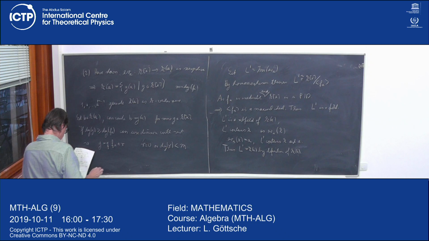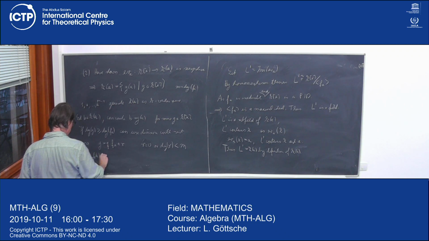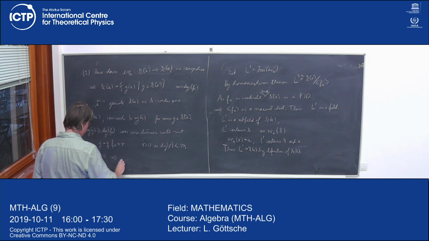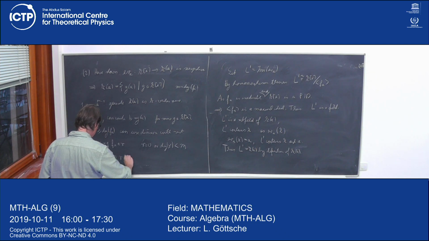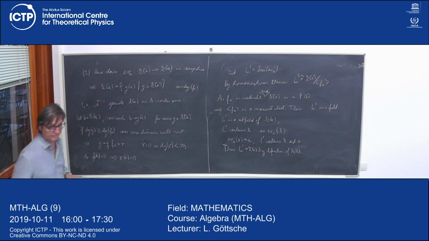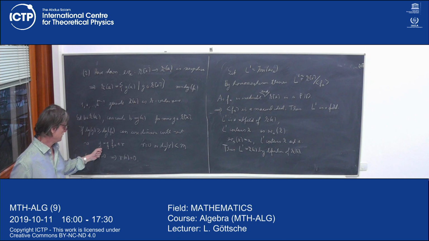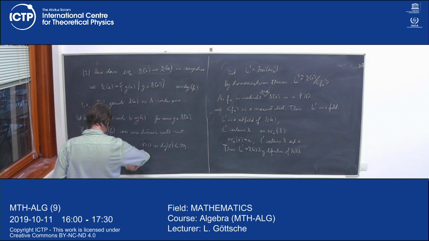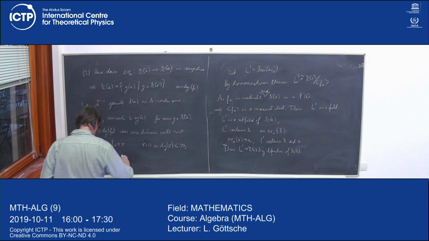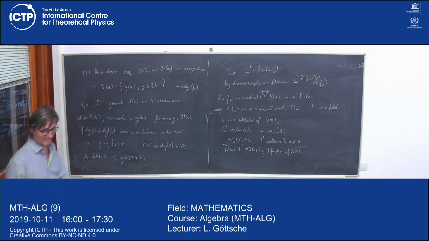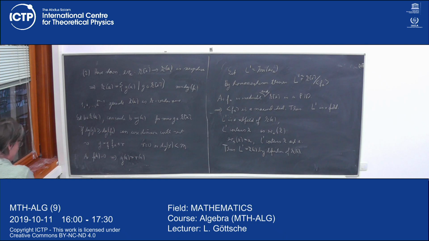Since f_a(a) is equal to 0, it follows that g(a) is equal to r(a). That's what I wanted. Sorry, I was confused.